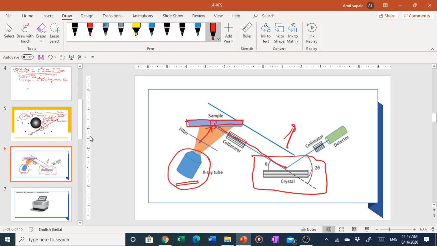Then they again go through a collimator and reach the detector. Various types of detectors are there: Geiger-Muller counter, scintillation counter, proportional counter. So different types of detectors can be used for measurement of X-rays. Its wavelength and its intensity are measured. Very simple technique, termed X-ray fluorescence.